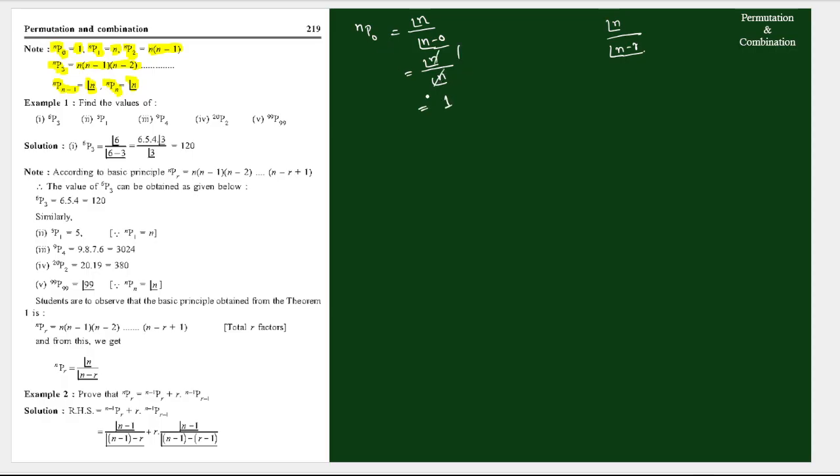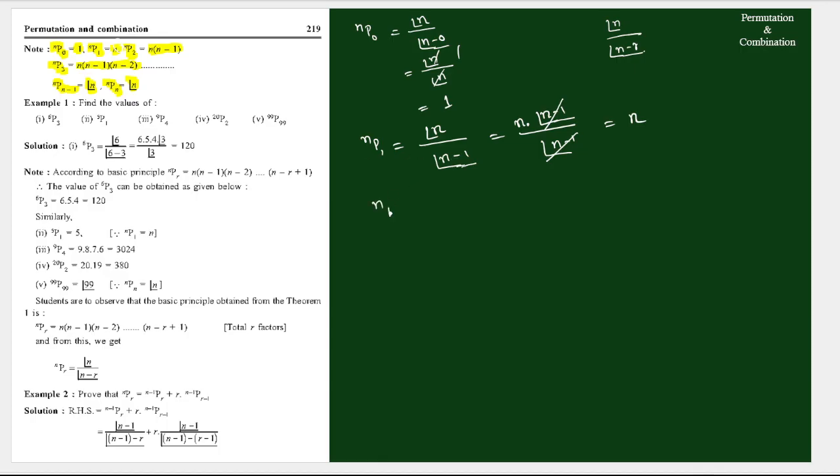That is why nP0 is 1. Now nP1 will be how much? Factorial n over factorial n minus 1. So factorial n can be written as n into factorial n minus 1. Then these two can be cancelled. Then we have got n. So here we have got n.